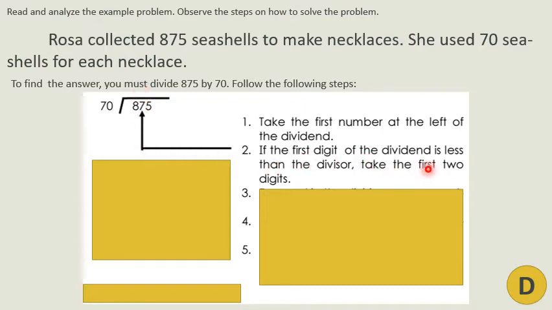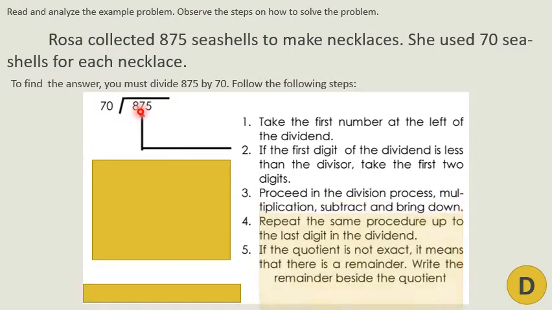So, if the first digit of the dividend is less than the divisor, take the first two digits. Kaya 87 po ang gagawin natin. Then, third step, proceed in the division process: multiplication, subtraction, and bring down. Para matandaan yung mga process na yan, pwede nyong tandaan itong ating acronym.